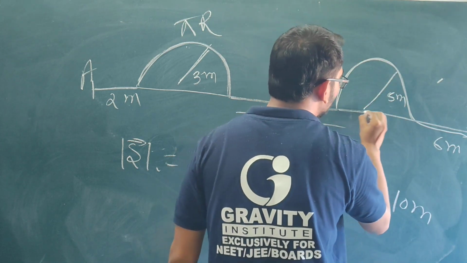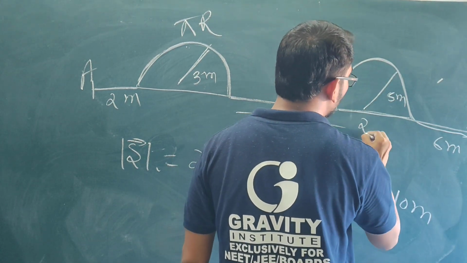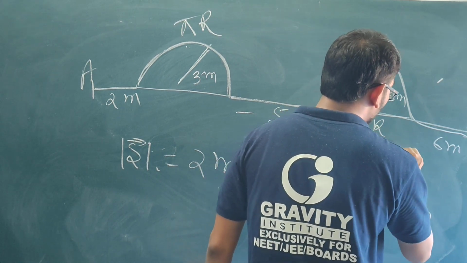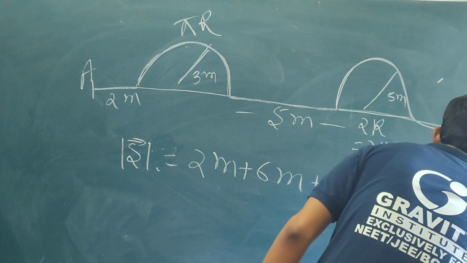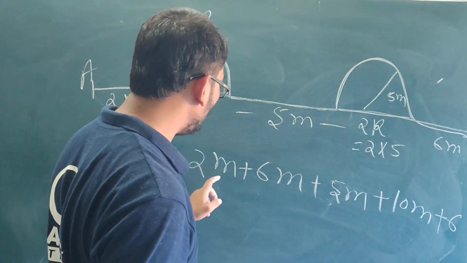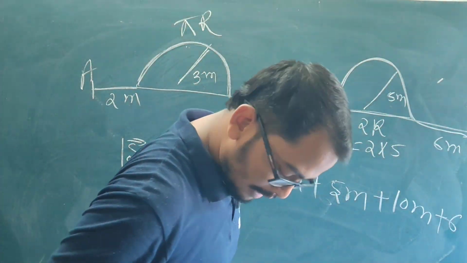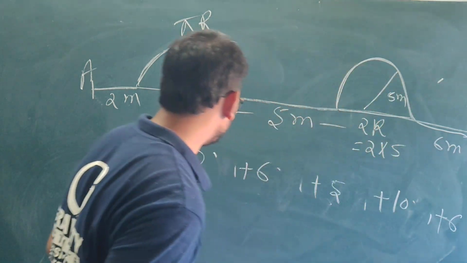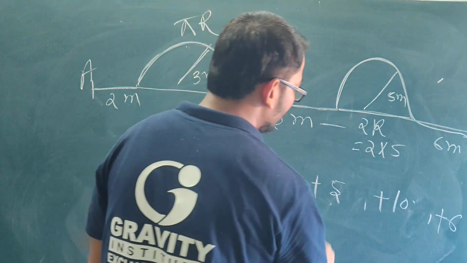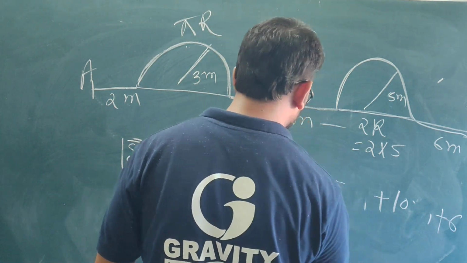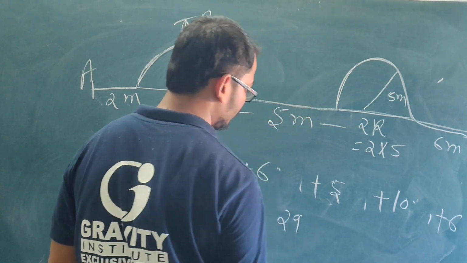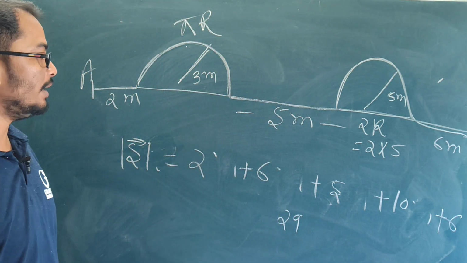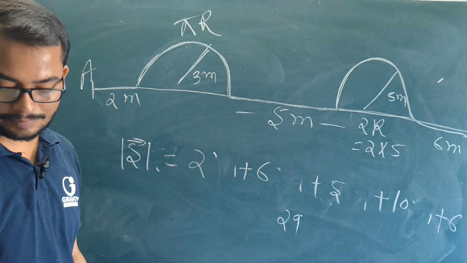Why 10 meter? Because this is the diameter. Diameter is 2 times the radius, that is 2 into 5. And this is 6. So 6 and 2, 8, 5, 13 and 6, 19 and 10, 29 meter. This is the magnitude of displacement.